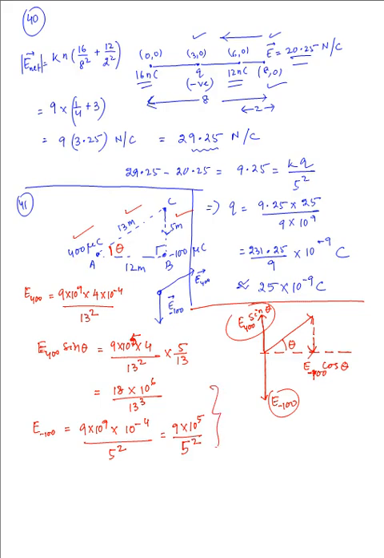And how much greater? We can find out the net electric field along the y direction that we see. Let's take this as the y-axis. So this is along the y direction. What we get is 9 times of 10 to the power 5. We can take that as the common term.